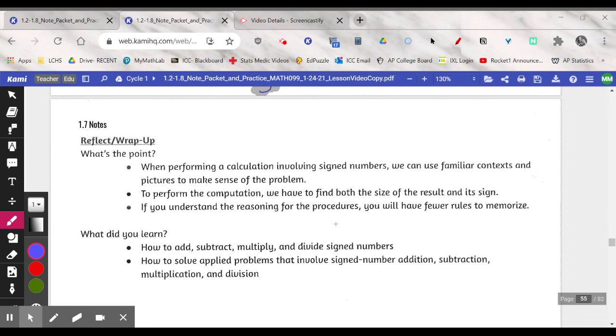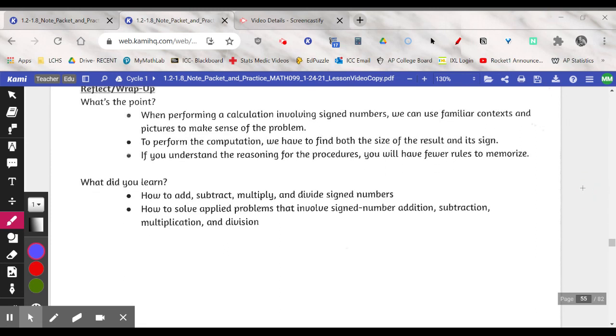If you understand the reasoning for procedures, you will have fewer rules to memorize, especially with adding and subtracting. So what did we learn? We learned how to add, subtract, multiply, and divide signed numbers, and also how to solve applied problems that involve signed number addition, subtraction, multiplication, and division. And in your homework, you will see some of these applied problems.